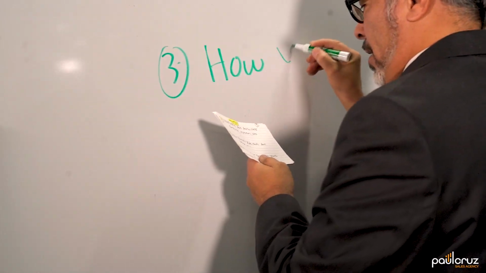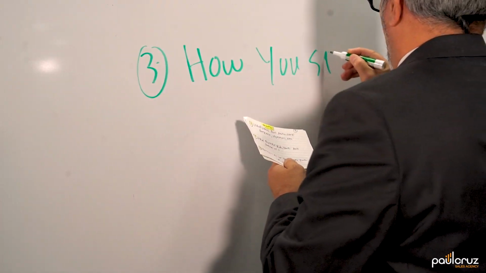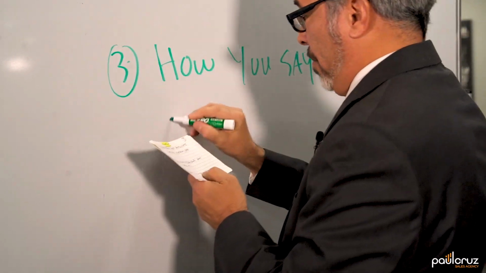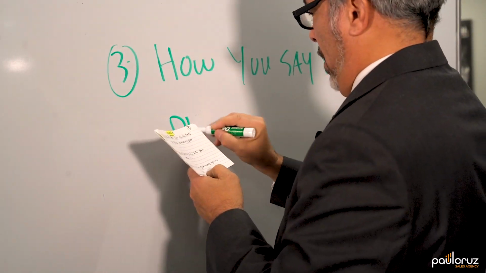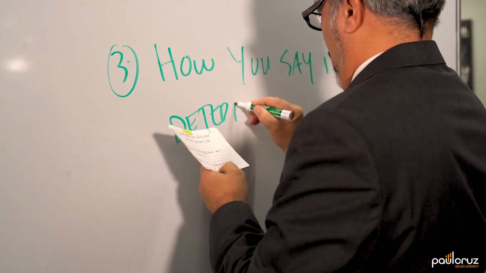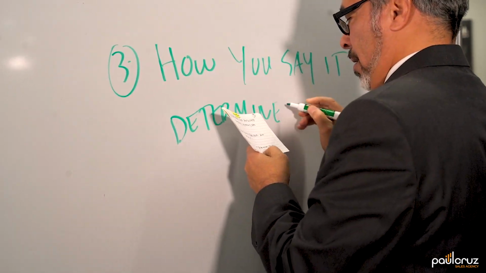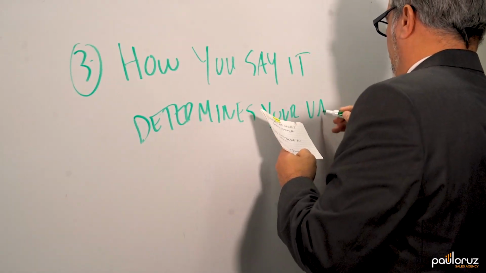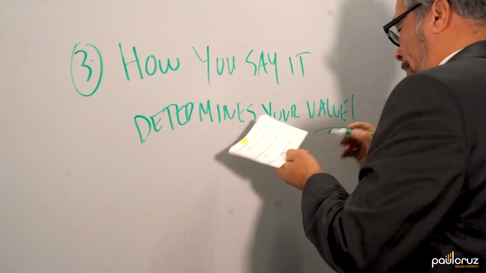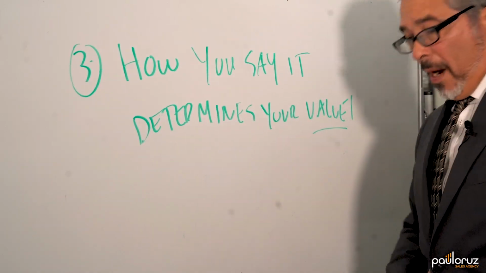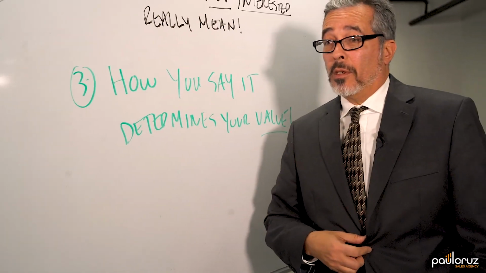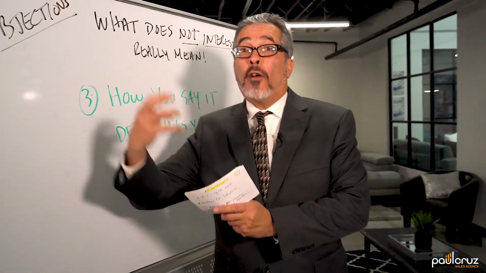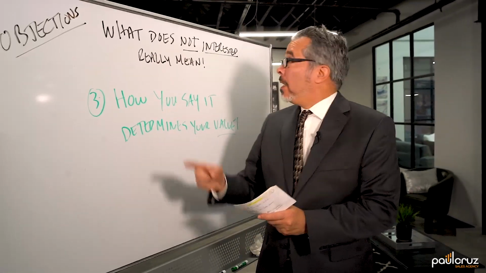Here's the difference between a top salesman, a world-class salesman, and a mediocre salesman. One of the things I preach and I talk with my clients, my students, my salespeople, always, always, always give your value up front.